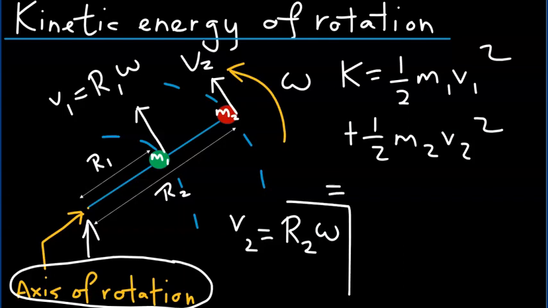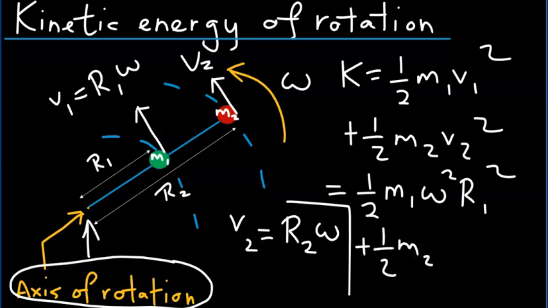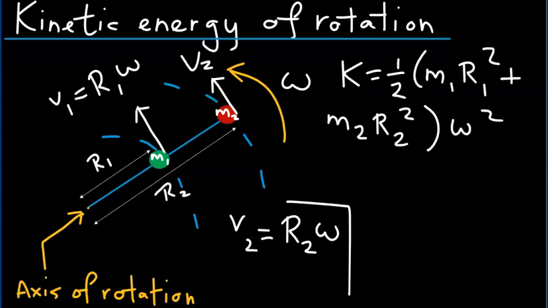Now if we express v1 and v2 in terms of omega, the kinetic energy simply becomes half m1 omega squared r1 squared plus half m2 omega squared r2 squared, which can then be simplified as follows.